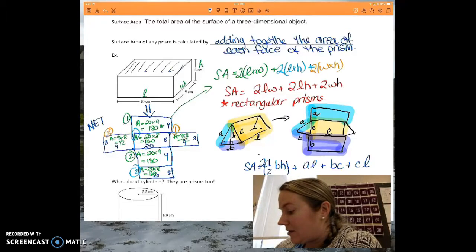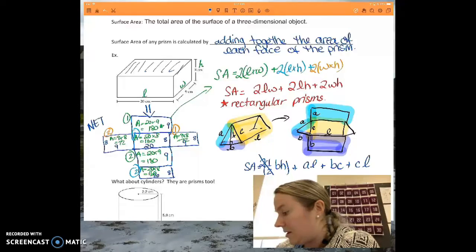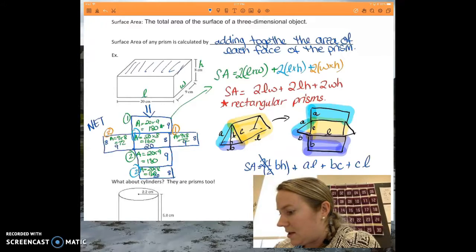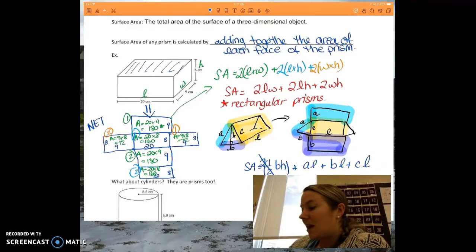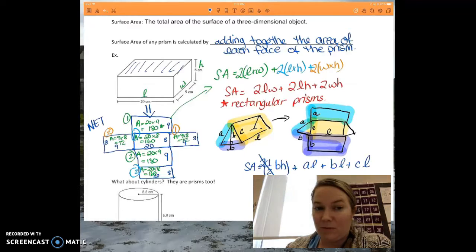So in reality, those cancel, and I get BH plus AL plus B. Why does that say BC? Man, you guys should stop me when I'm doing something silly. BL plus CL. So that's what happens when you have a triangular prism.